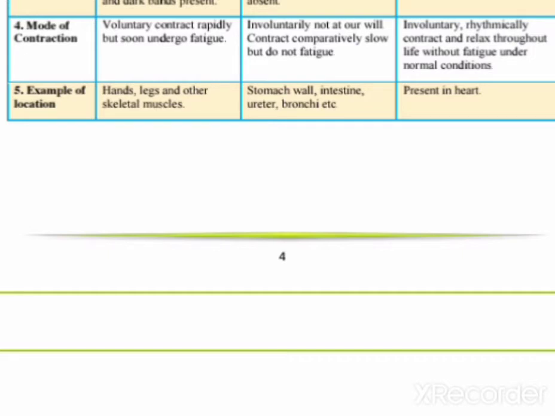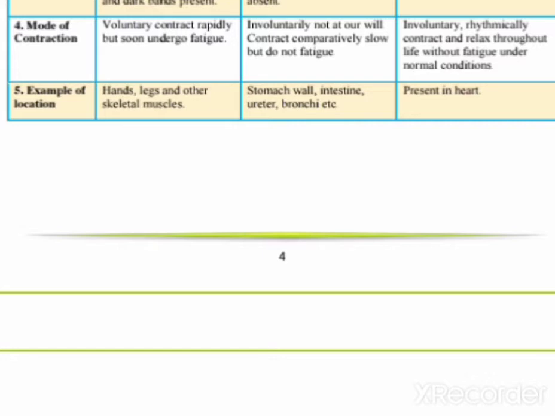In striated muscle, light and dark bands are present. Striations or strips are both absent in unstriated muscles. That is why they are called unstriated, meaning having no striation. And because light and dark striations are present in striated muscle, it is known as striated muscle.